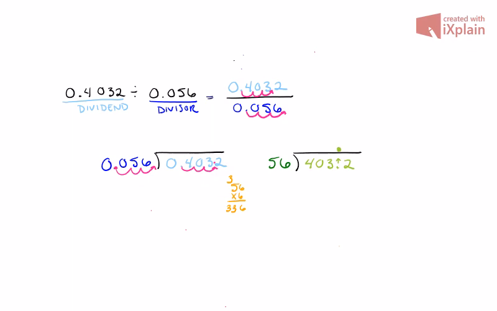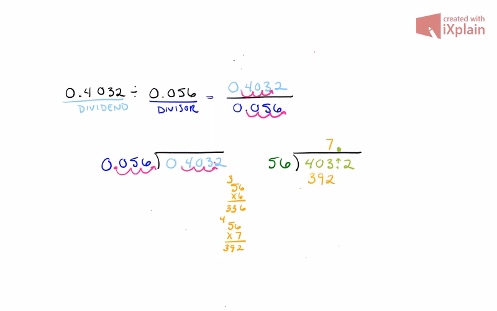It's pretty close, but I always like to be sure, so let's do 56 times 7. 6 times 7 is 42, carry my 4. 7 times 5 is 35, plus the 4 is 39. That's pretty close. If I tried to add another 56, essentially, because remember that multiplication is a shorthand for adding the same value over and over, I'd go over 403. So it looks like 7 is the best fit.